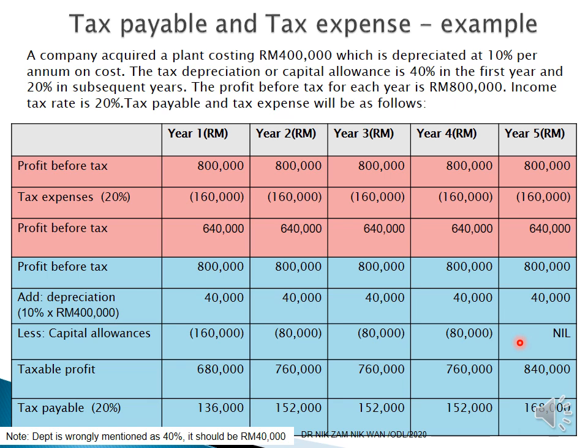So by year 5, there is no more capital allowance provided. So you can see that there is a difference between tax expenses according to accounting rules and also tax payable according to tax rules.